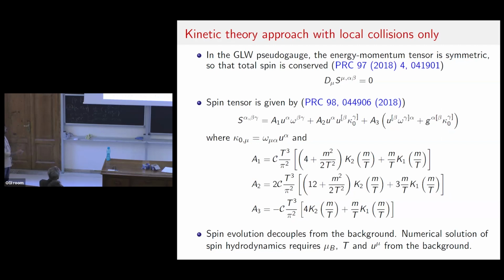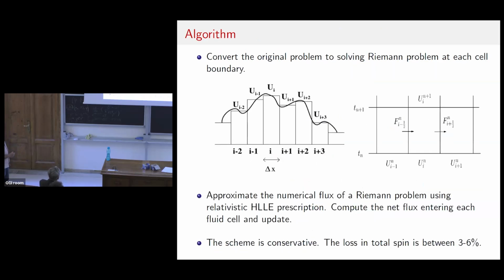So the task is to solve these equations, and there are algorithms available that particularly deal with conservative systems. We have adopted a scheme based on the finite volume method. I'll just outline the idea, I'll not go into the details. The idea is to discretize the domain into fluid cells, and then replace the function with a constant cell average.